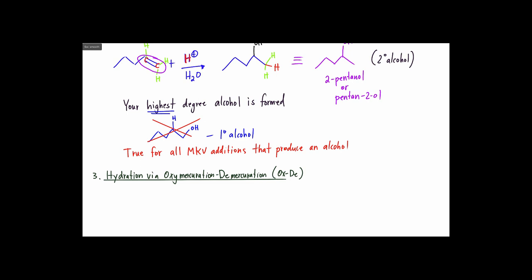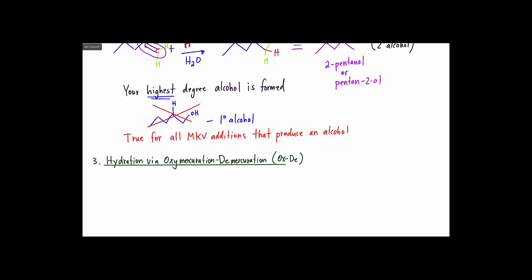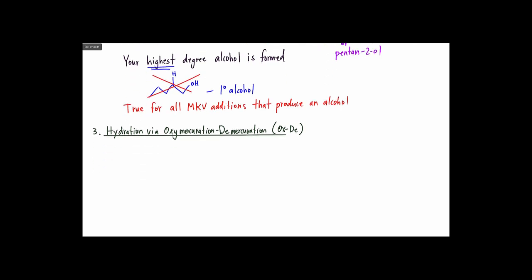And an easier way, which may seem a little bit more complicated, to synthesize an alcohol, to accomplish a hydration reaction, is oxymercuration demercuration. So all I want you to do is to be able to recognize the reagent and how to go about getting the products.